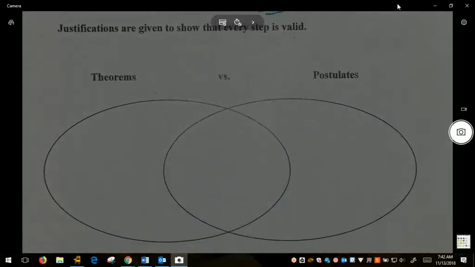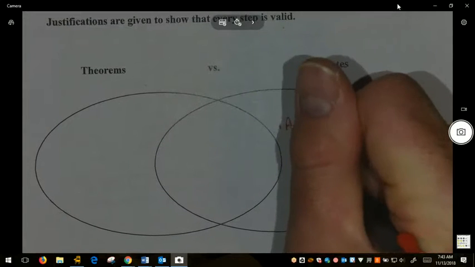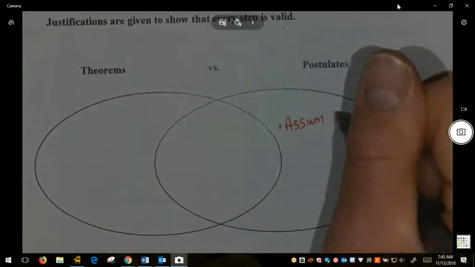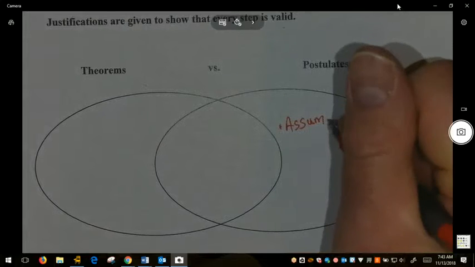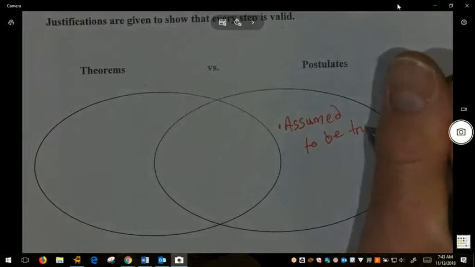Theorems versus postulates. Euclid gave us our first 5 postulates, things that we could assume to be true, because there is no formal way to prove them. These are things that are assumed to be true without proof.